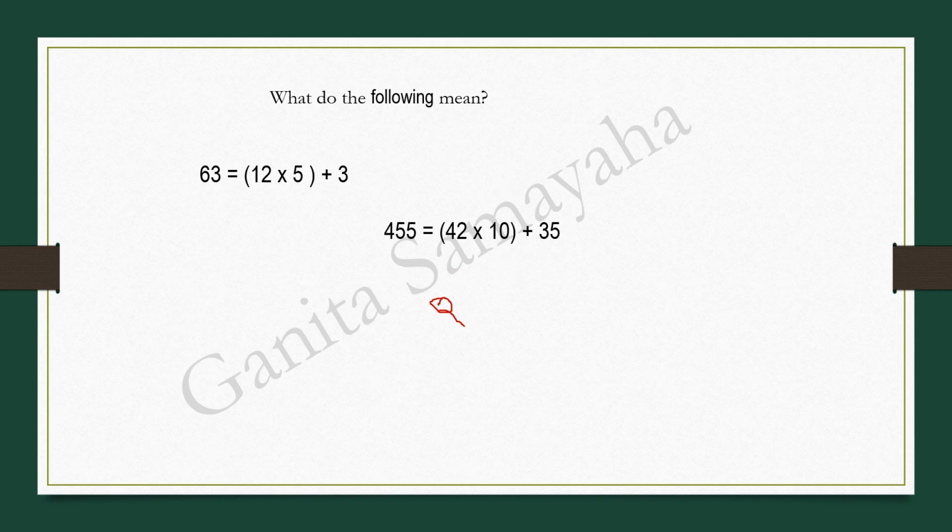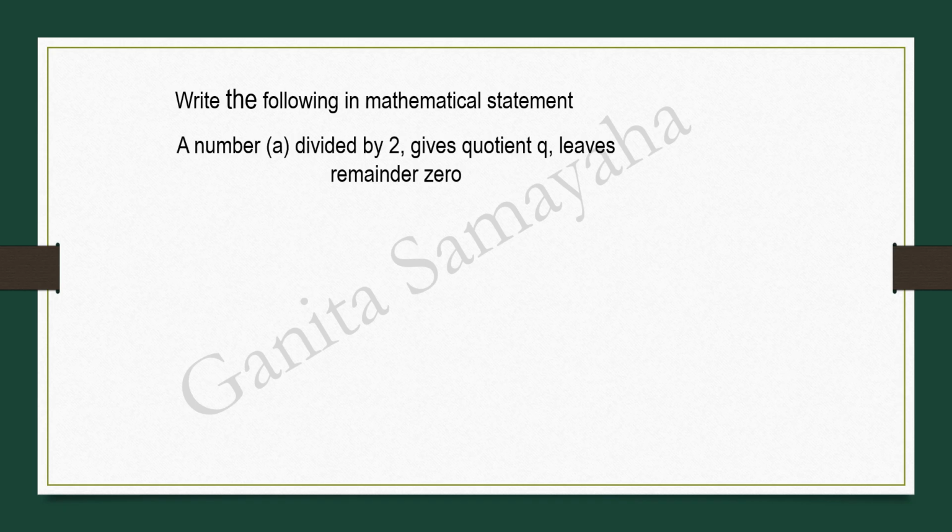You should understand what is the meaning of this statement when it is given. This will help you for your further problems, solving further problems. Okay, children? Now, one more. Suppose you are given in words how you write it in the mathematical statement form. For example, you are given that a number A divided by 2 gives quotient Q and leaves remainder 0.